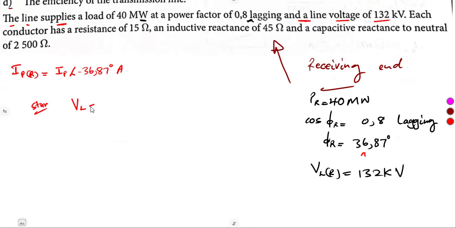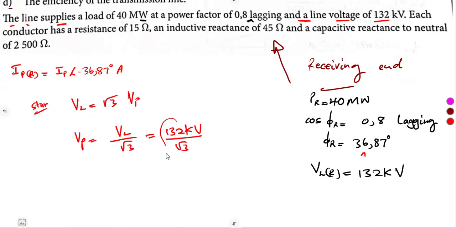So in a star, the line voltage is square root of 3 times the phase voltage. The phase voltage can be determined from the line voltage over the square root of 3, meaning we can take the line voltage, 132 kilovolts, over the square root of 3. Just divide these two. That is going to give us 76.21 kilovolts.